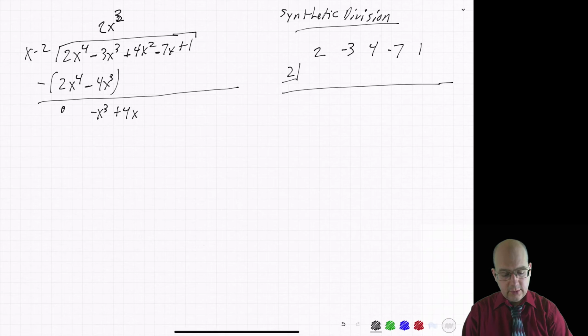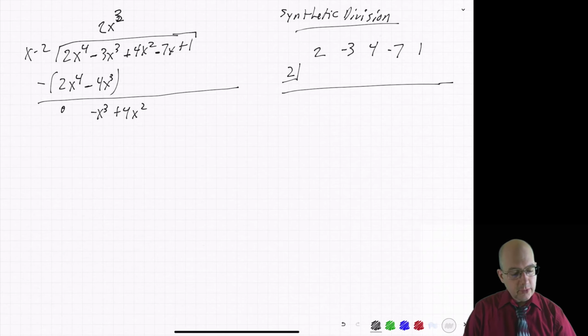And then we bring down the next term there. All right, what happens over here? We bring down the 2, and then 2 times 2 is 4. We add that up, and we get 1, right?